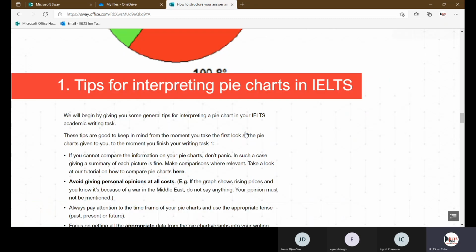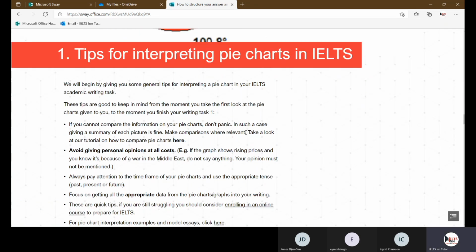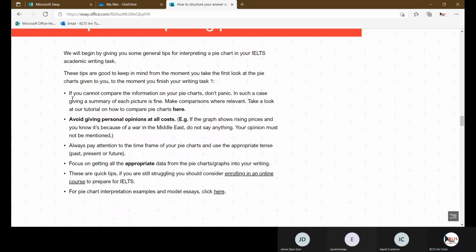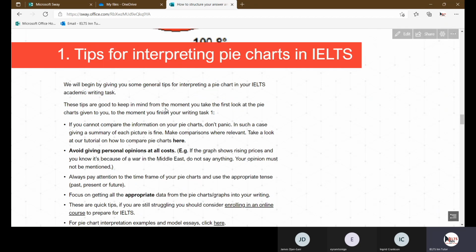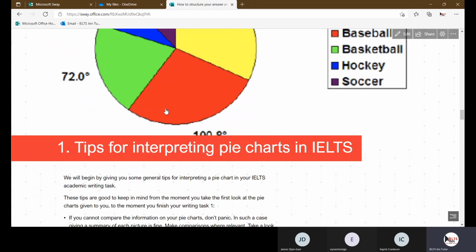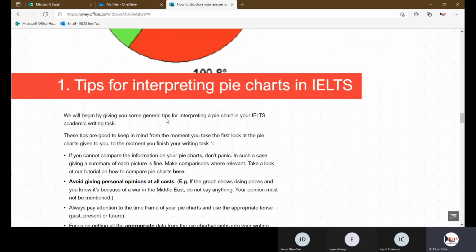Now let's look at some of the tips. One, if you cannot compare the information on the pie chart, don't panic. In such a case, give a summary of each. Giving a summary of each picture is fine. In a place where the percentage cannot be interpreted as a ratio, a fraction, or a decimal, you can still present it as it is, as a percentage.